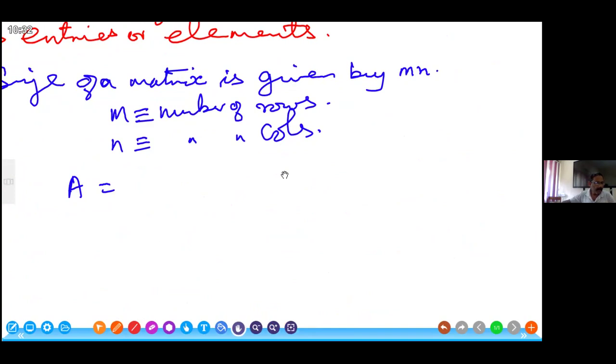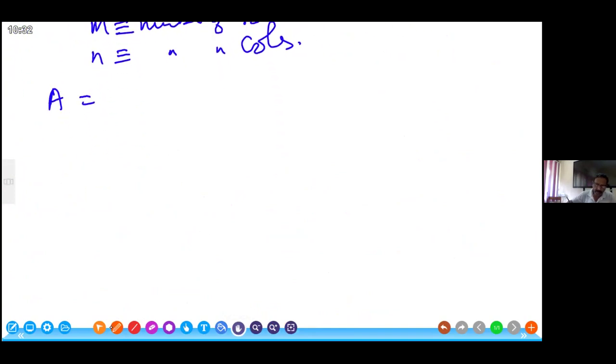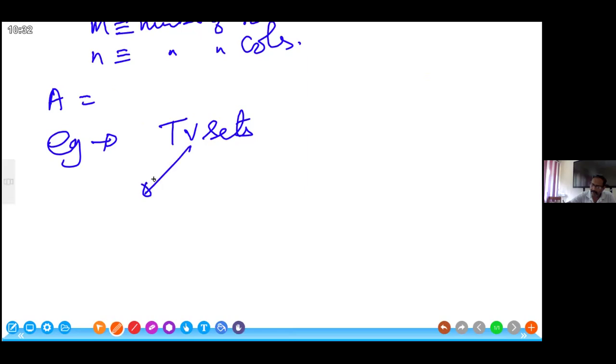Right. Let's take a simple, very old example. Let's take television sets, right? As I said, the old example. Those days we had black and white television and color television. 2 types, right?